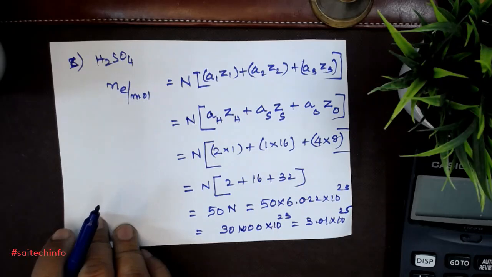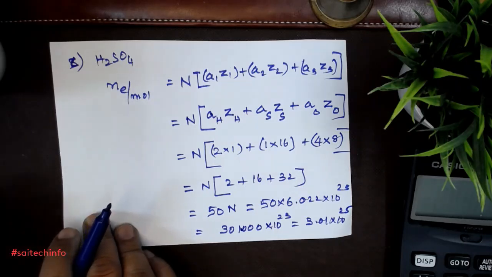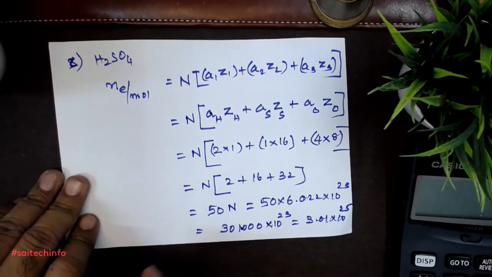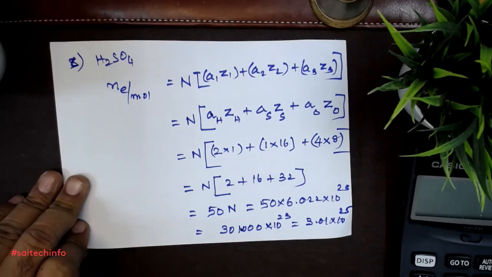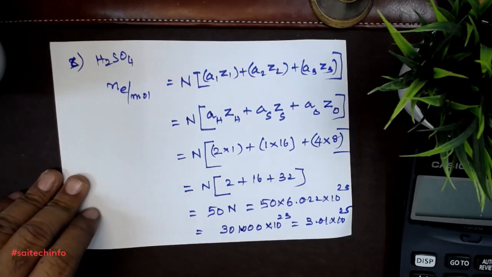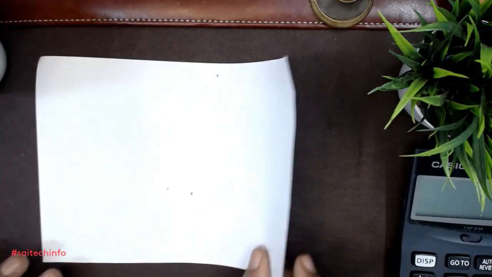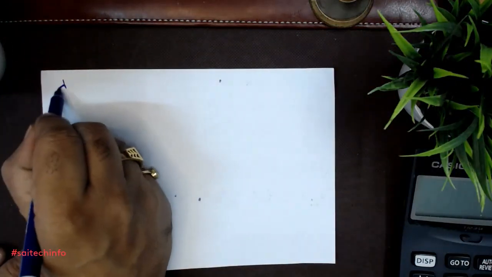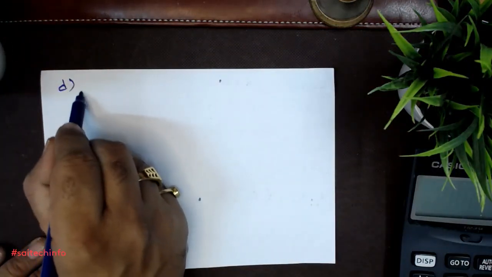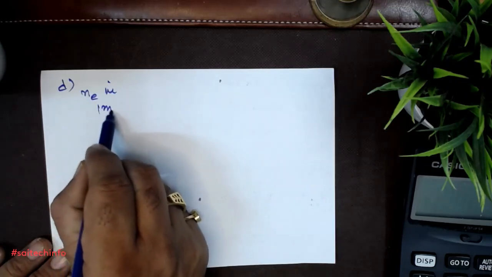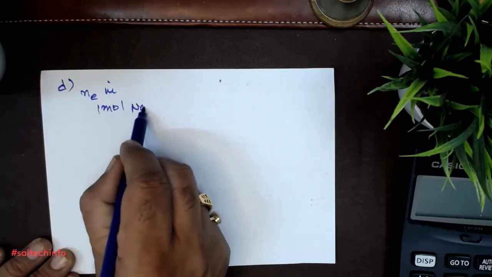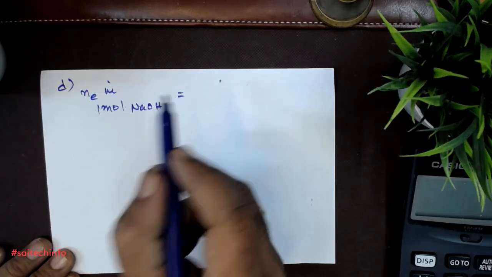So can anyone calculate the next one? Sodium hydroxide. Proceed. Atomic number of sodium is 11, oxygen 8, hydrogen 1. So based on that you can proceed. Let us calculate the number of electrons in 1 mole of NaOH. So what is the formula?